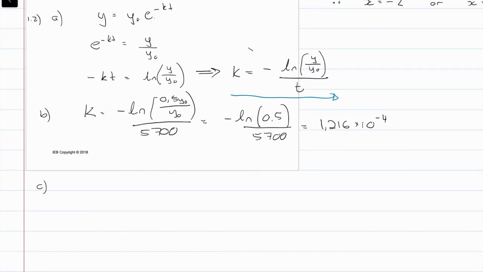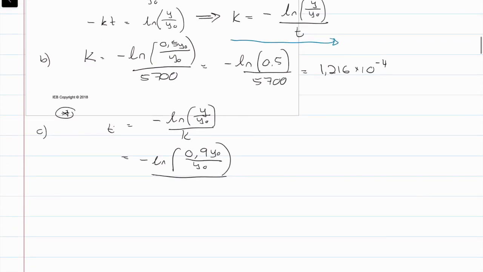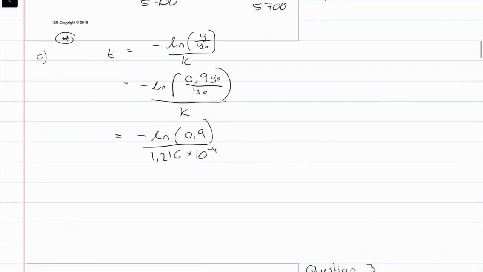So from, let's say, equation star, we get that t is equal to minus ln y over y naught over k, which is equal to minus ln, and I replaced y with 0.9 y naught over y naught, and I'm going to leave k as it is for now, so that's equal to minus ln of 0.9 divided by my value of k, which I calculated before, and we get that t is equal to approximately 866 years.